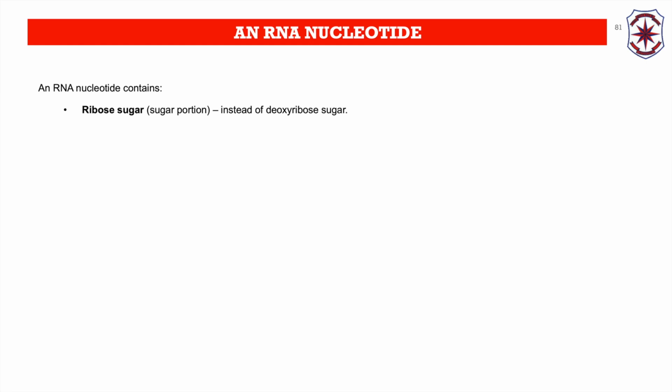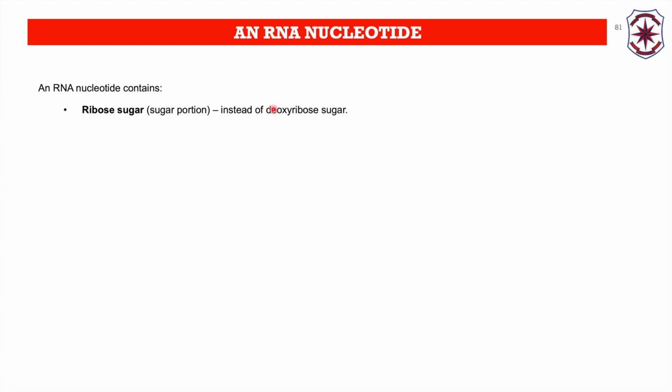Now, remember, we have 2 nucleic acids within the cell, DNA or RNA. Okay, guys? Now, both of them are made up of nucleotides, but there are key distinguishing factors that differentiate between a DNA nucleotide and an RNA nucleotide, and you must know those key differences.